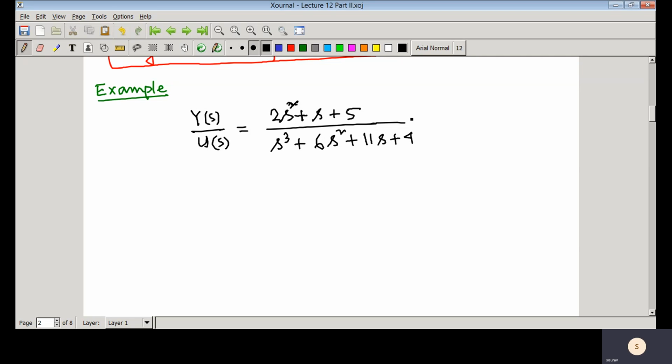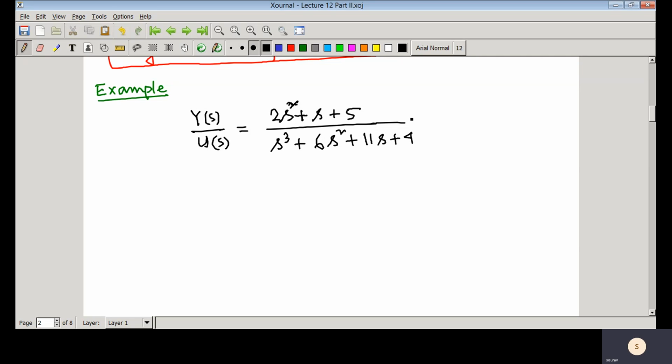Here I will be showing you two special structures of that realization. They have some names called controllable canonical form and observable canonical form. Those are the special structures of the state space matrices. But I would like to point out, whenever a transfer function is given to you and you are asked to realize it, you can find any structure.